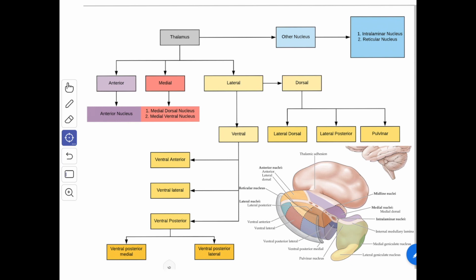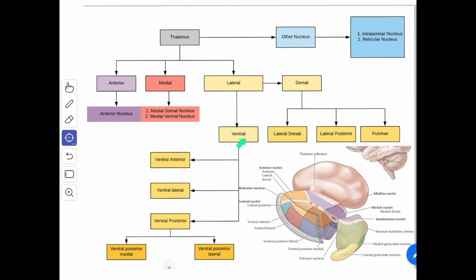Then the nucleus of the lateral part is divided into ventral and dorsal. The dorsal part is again subdivided into lateral dorsal, lateral posterior and pulvinar. In the lateral part, this is the dorsal part, this is the lateral dorsal, this is the lateral posterior and this is the pulvinar.